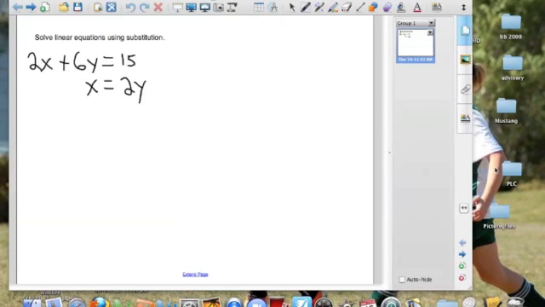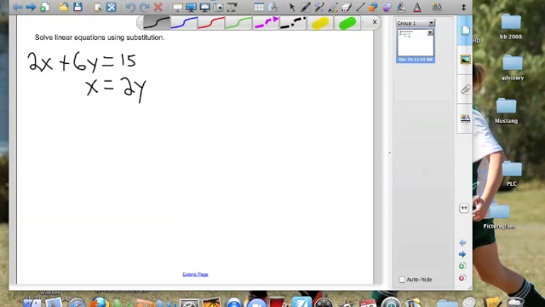In this problem, we already have it solved for x in the second equation. So the substitution in the first problem was for y. In this case, we're going to substitute in for x. Now, since it's already solved for us, what we will do is substitute this 2y in for x.